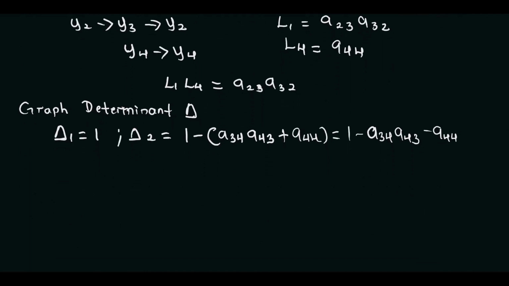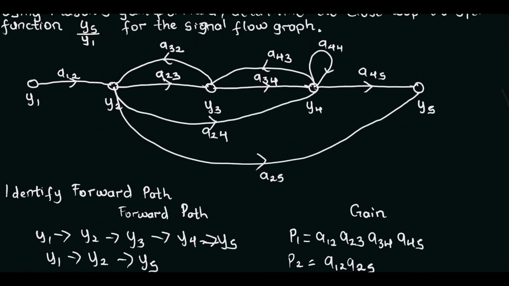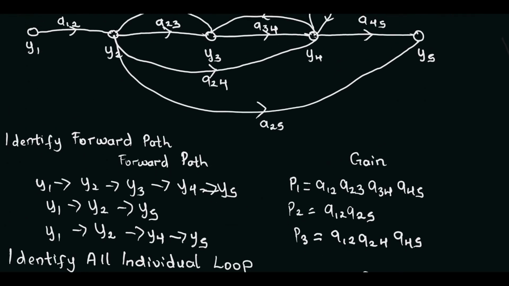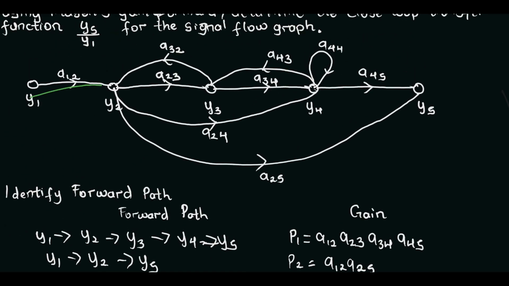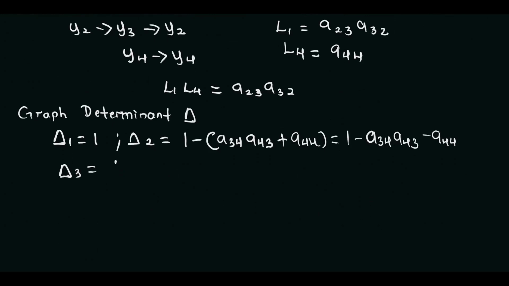Then the third path. Let's take a look at that. Your path 3 is Y1, Y2, Y4, Y5. You can see that all the loops are touching it. So that means your delta 3 equals 1.